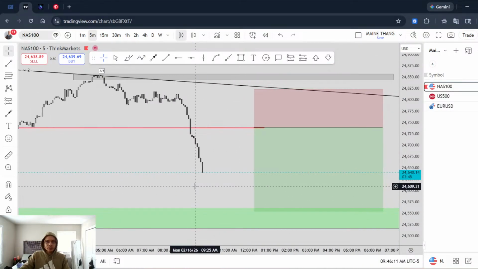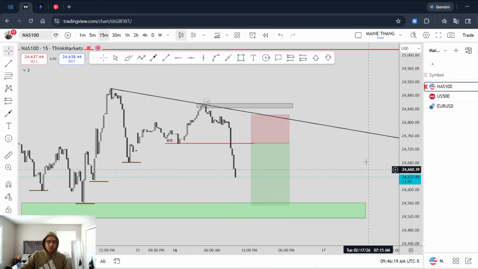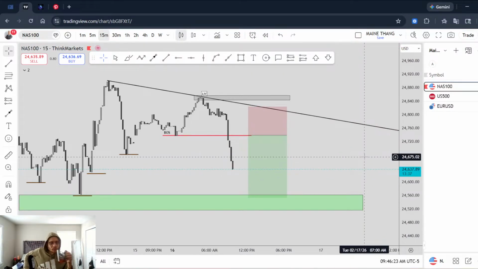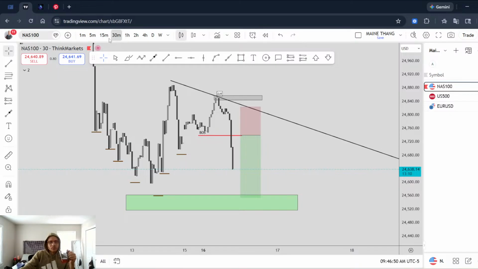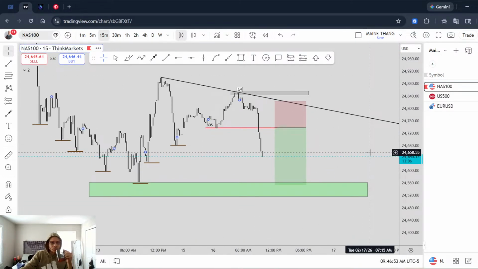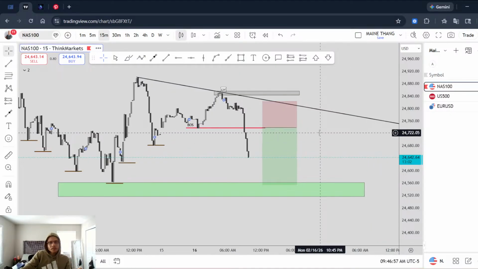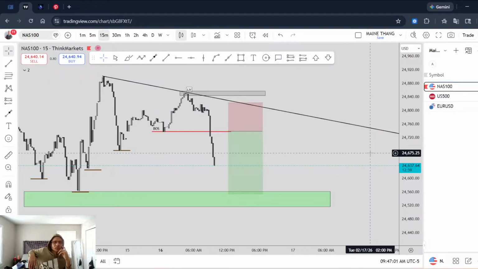So she is melting. She is melting and doesn't want us to join the pod. So we might not get a trade.